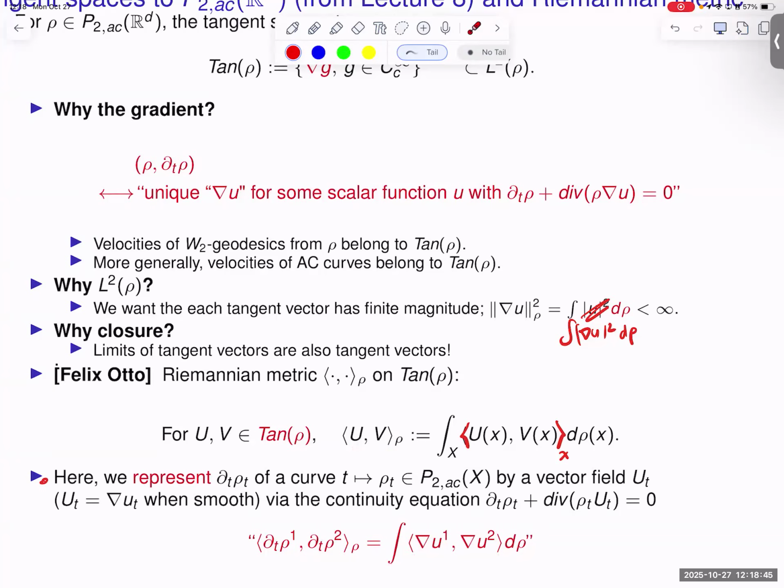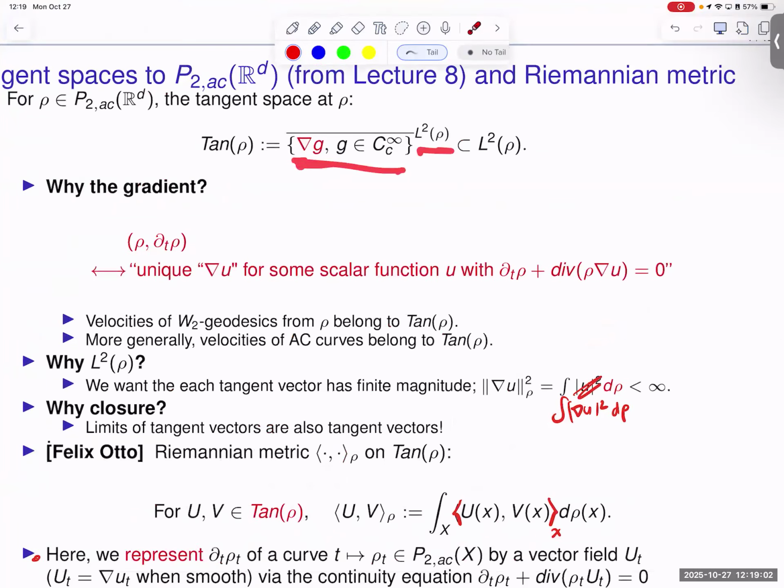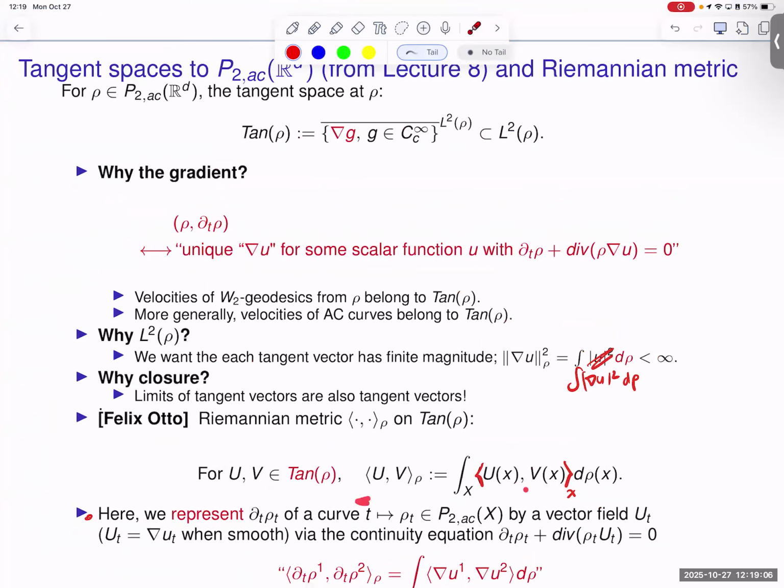So anyways, when I write ux vx, this means the representing vector fields for these tangent vectors at rho, which are nothing but the limit of gradients of some functions. Actually this is not the usual notation, because we just said this tangent space is a space which belongs to L2.